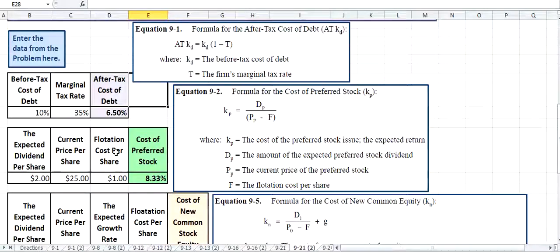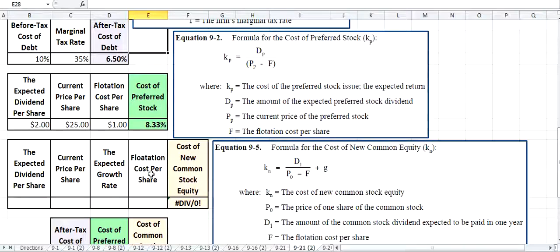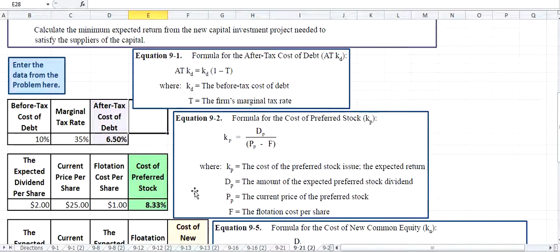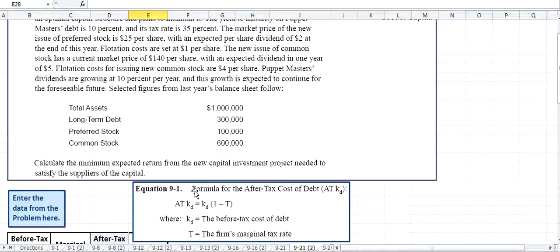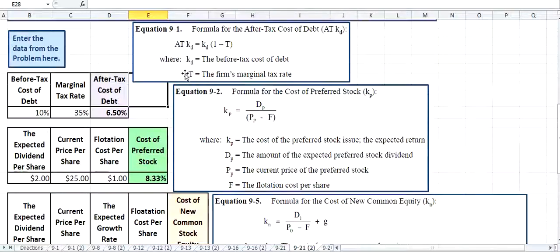That looks good. Now we need to calculate our cost of new common stock equity. So the new issue of common stock has a current market price of $140 per share.